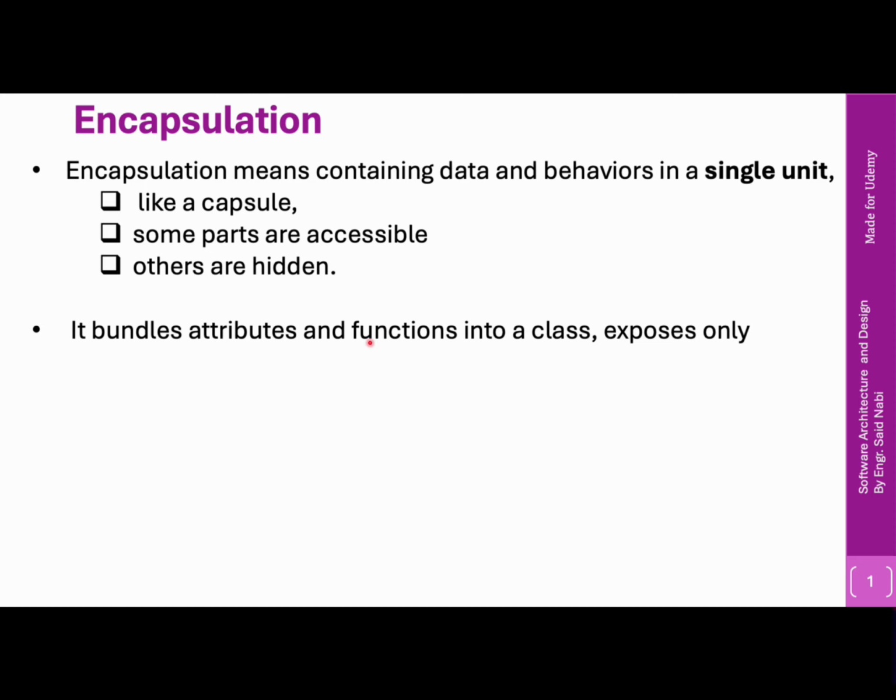It bundles attributes and functions into a class, and exposes only selected parts through interfaces. If you want to change the data, you can't directly change it. You have to use a controlled way for that. For example, if you want to move from one country to another, it's not that you can't move.